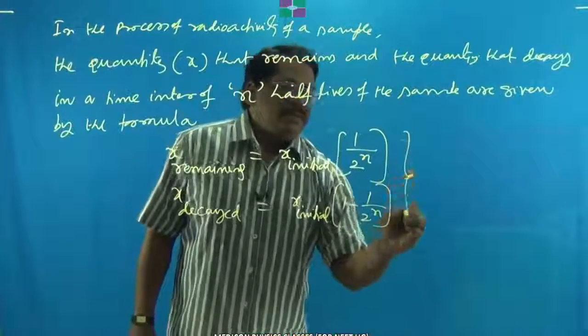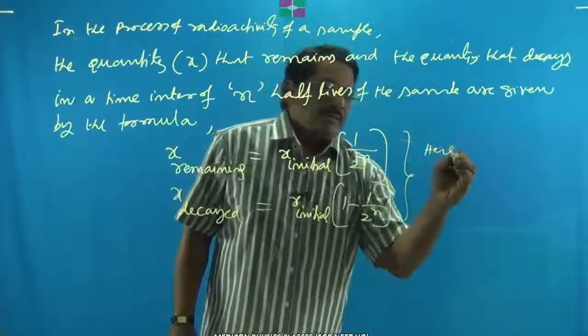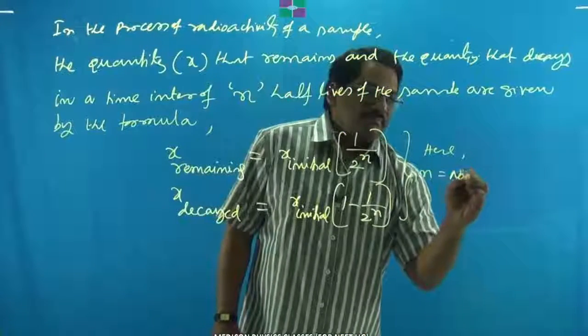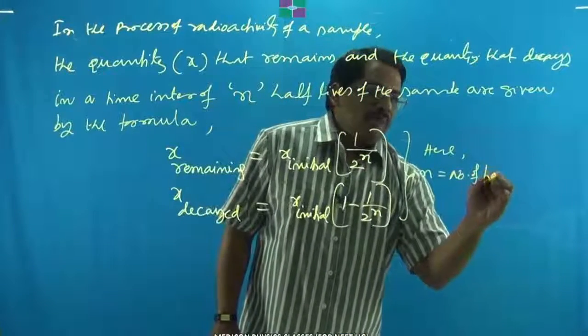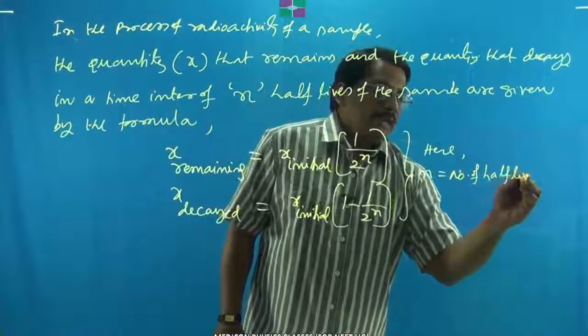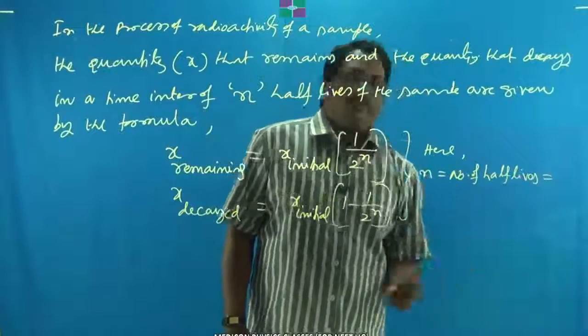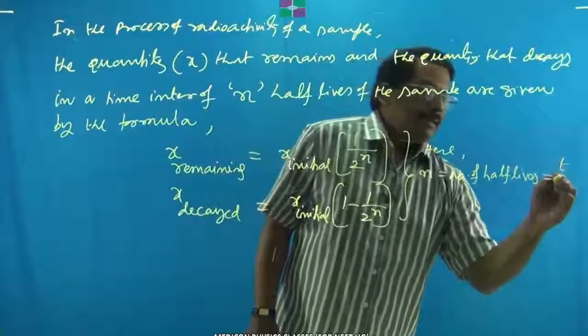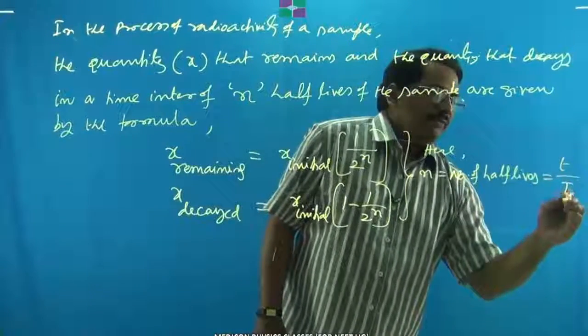In these two cases, n is the number of half-lives in the run time, and this is equal to the time lapse t divided by the half-life of the sample.